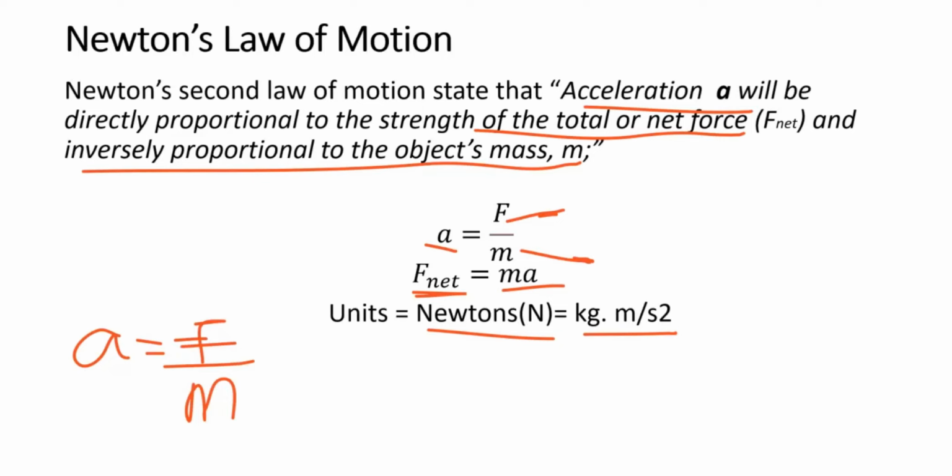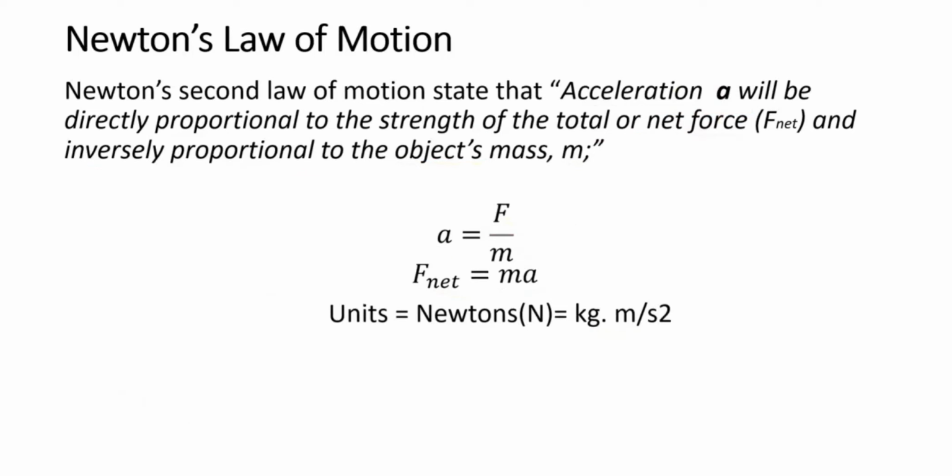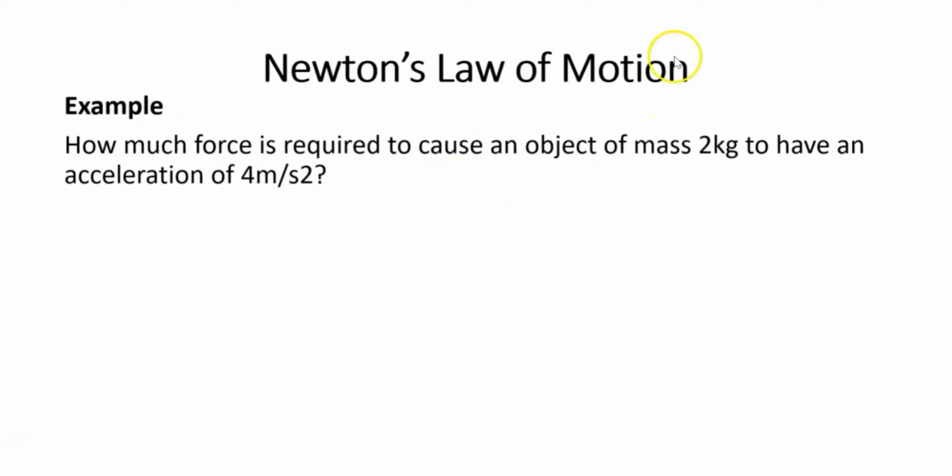Okay? Let's look at an example to calculate this. How much force is required to cause an object of mass 2 kilograms to have an acceleration of 4 meters per second squared? So we know that from the previous question, acceleration is equal to force over mass.